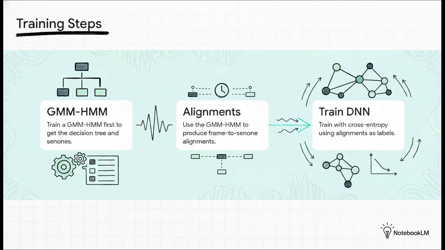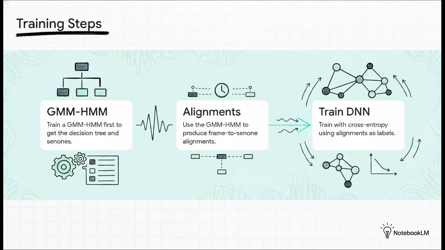Well, here is exactly how that pipeline builds. We literally have to use the old GMM-HMM to bootstrap the new alignments. It's a three-step dance. Step 1, you train a full traditional GMM-HMM model from scratch. Step 2, you take that old model and you use it to force align your training audio, which generates a definitive map of exactly which frame corresponds to which senone.